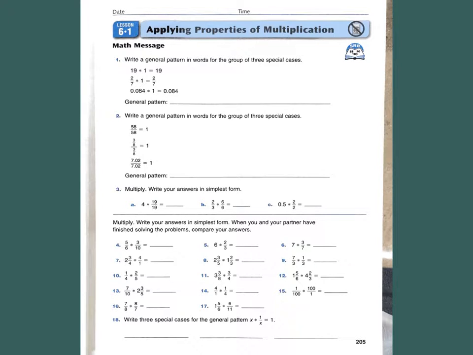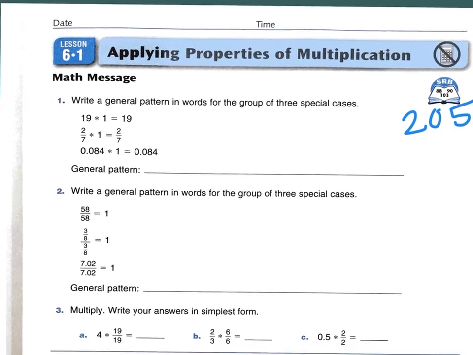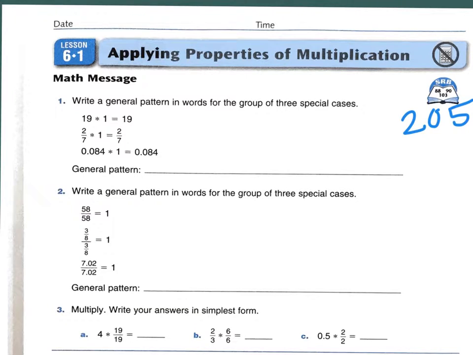On page 205, the first page of your new math journal, we are going to go ahead and zoom in, take a peek up here at our math message. Applying properties of multiplication. Write a general pattern in words for the group of three special cases. So we remember that a special case is something where we have numbers.